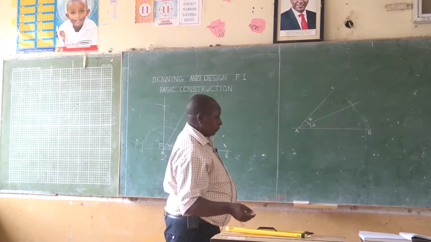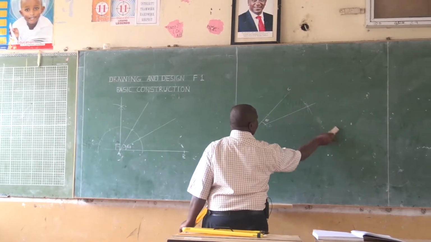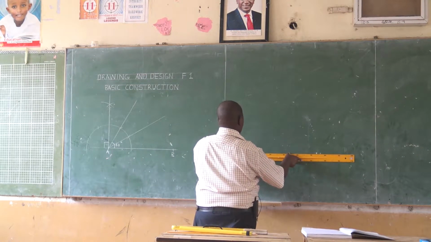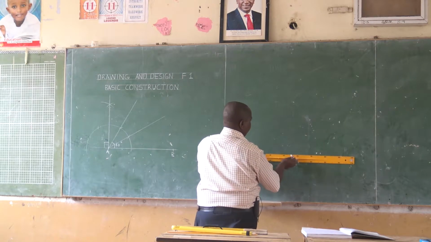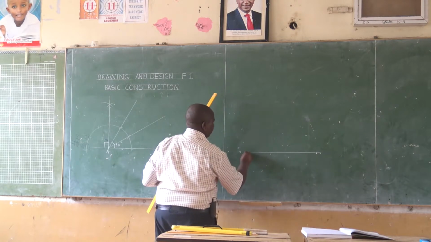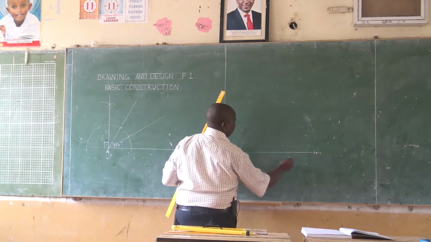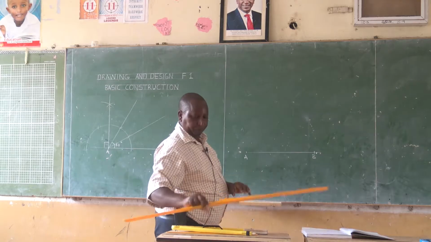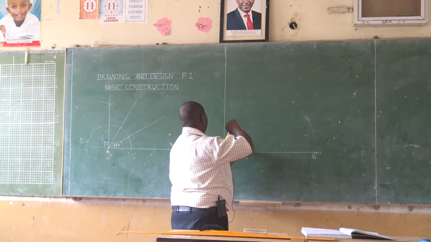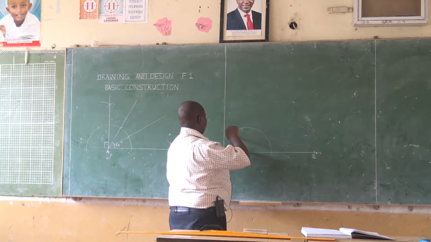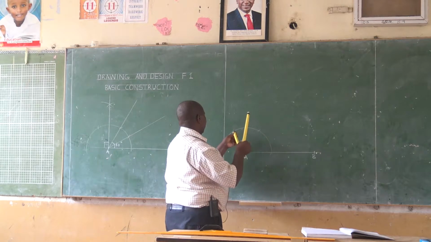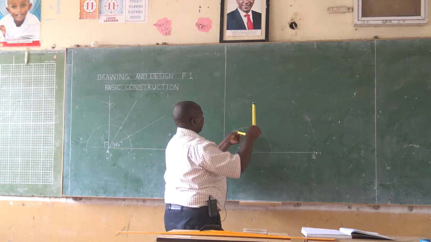For the angle of 45 degrees again, let's draw our line AB, draw the same arc and proceed to draw the angle of 90 degrees, just like in the previous example.